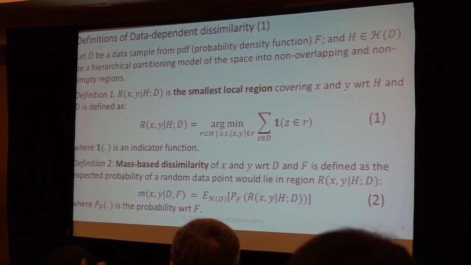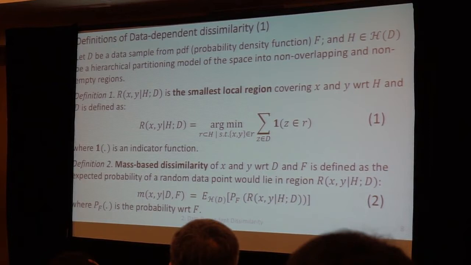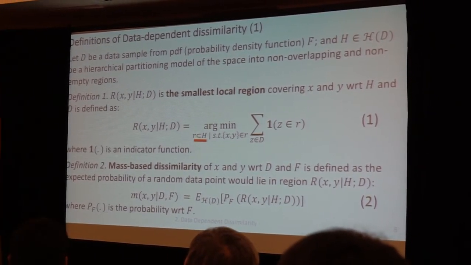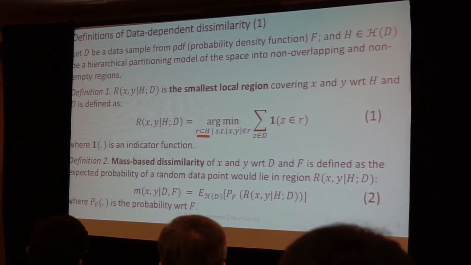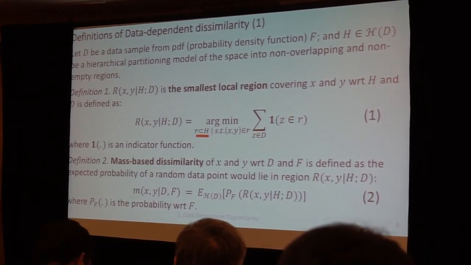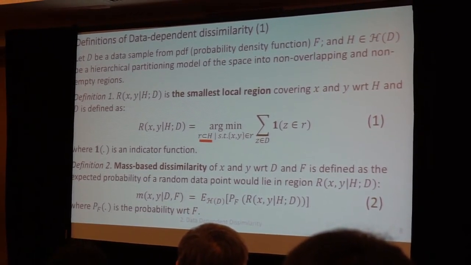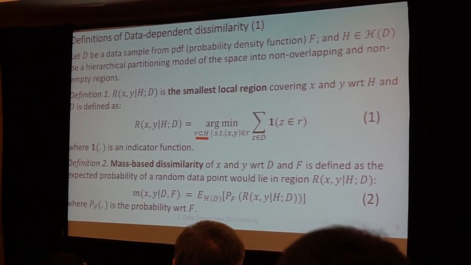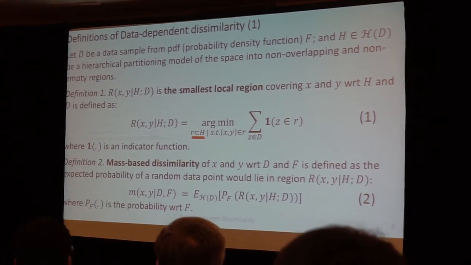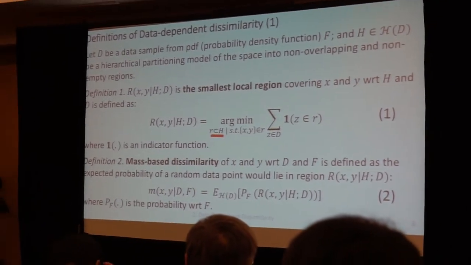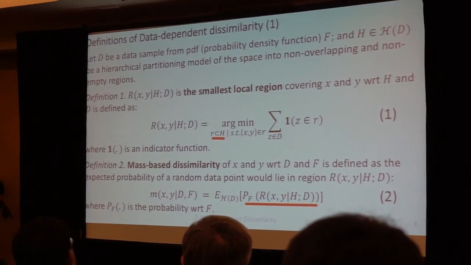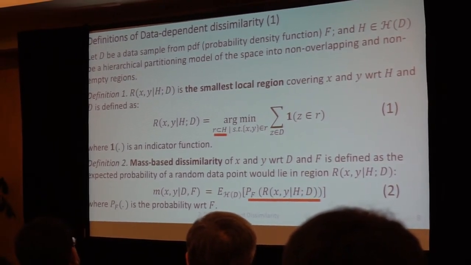The smallest local region is defined as in equation 1, where you try to find the smallest region in H that covers x and y. That is the definition. Once you have the smallest local region covering x and y, all you have to do is find out the probability mass of that region.